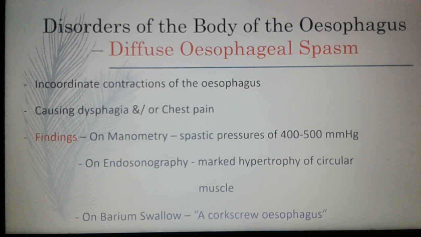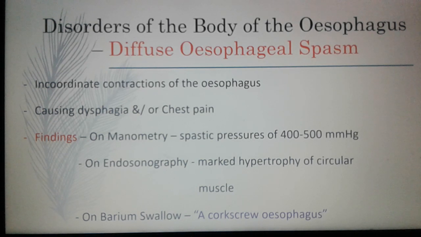Now, on esophageal manometry in these types of patients, there is spastic pressure between 400 to 500 millimeter of mercury, very high pressure. That's why the condition is known as diffuse esophageal spasm.